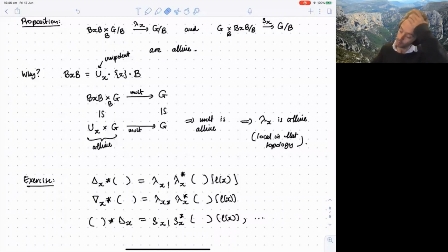Okay, so these operations of convolving with one of these deltas or nablas can be expressed essentially as a push forward. So for nablas, this is a push forward, and for deltas, this is a proper push forward.